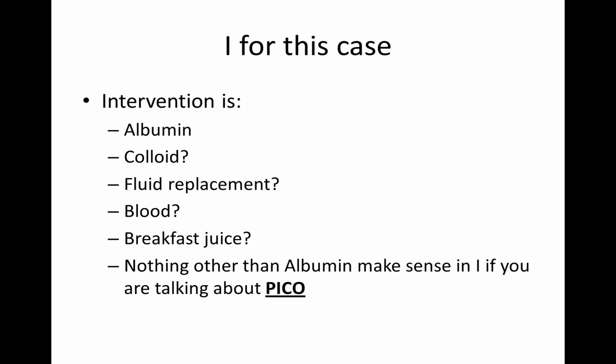Now, the intervention in this case is albumin. Intervention is not like P. Most of the time you will have a very specific intervention. You just deal with one intervention. You can't just include everything in your intervention, because then how are you going to search it?